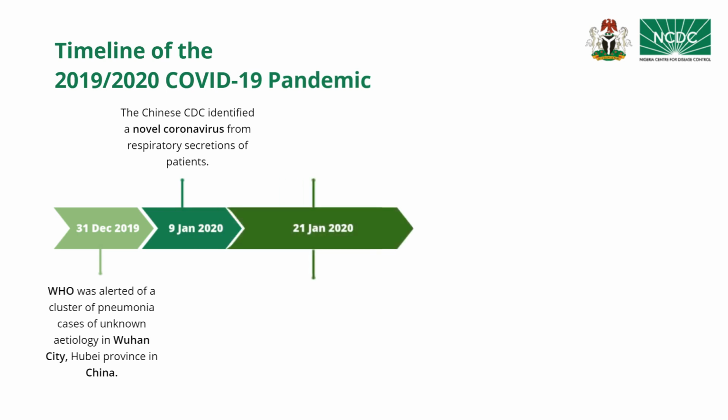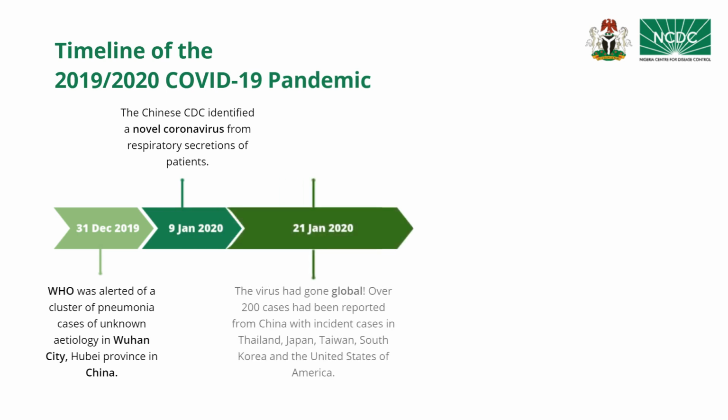On the 21st of January 2020, the virus had gone global. Over 200 cases had been reported from China, with incident cases in Thailand, Japan, Taiwan, South Korea, and the United States of America. At least 3 deaths had been reported at that time.